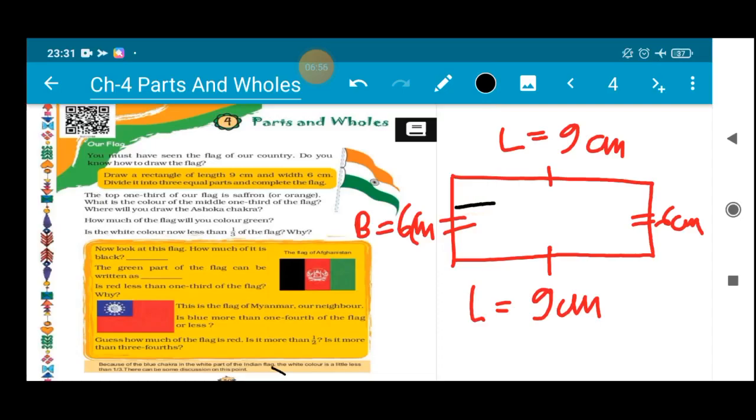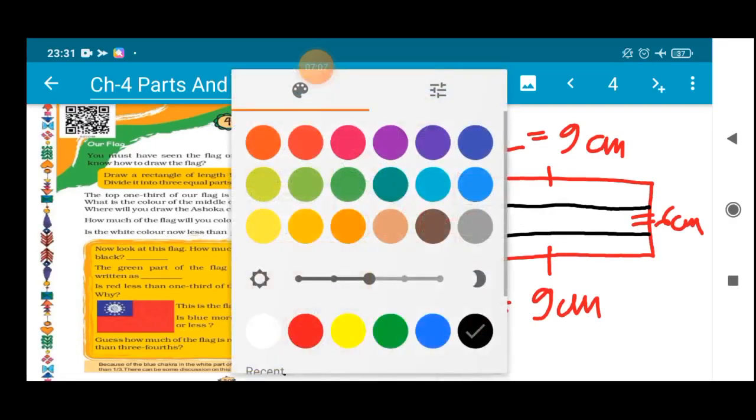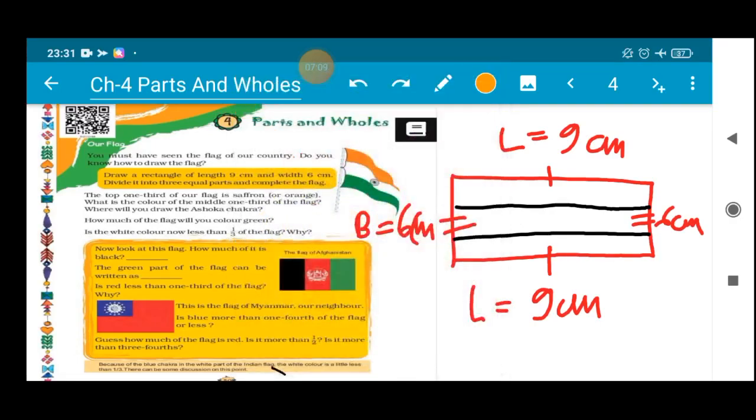As we are discussing the chapter called parts and whole, we have to divide it into 3 equal parts, as our rectangular flag contains 1, 2. So how many parts are there? 1, 2, 3 parts are there. Now at the top part, we have to color it with the orange or saffron.